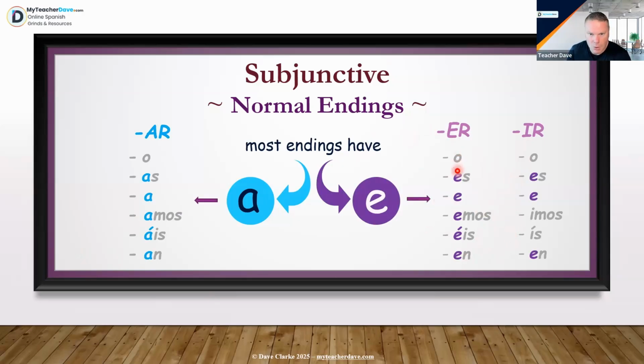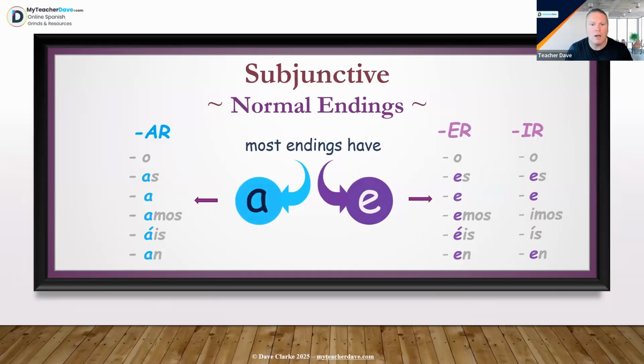So you can see that the most common letter for these categories of verbs, the ER and IR verbs, is E, and for the AR verbs is A. Now that's in the normal present tense. To make the subjunctive, all you have to do is put those in the opposite categories, just move them across.